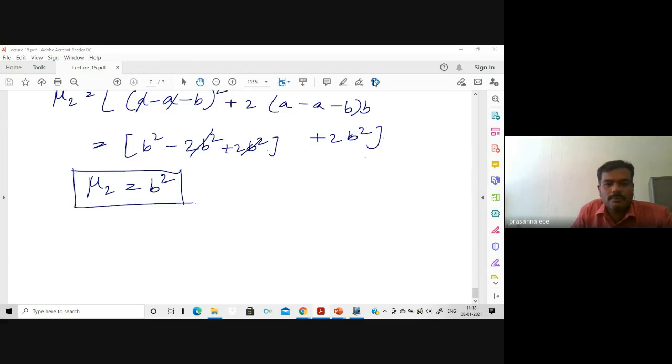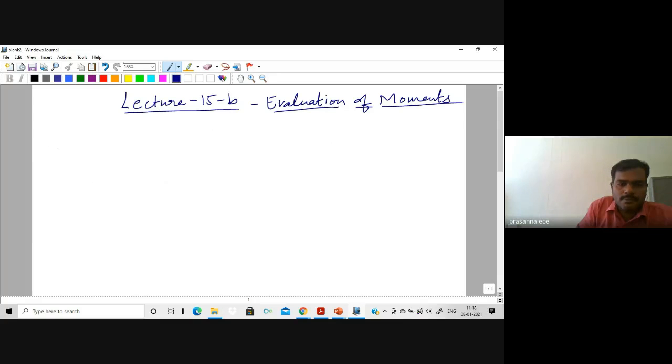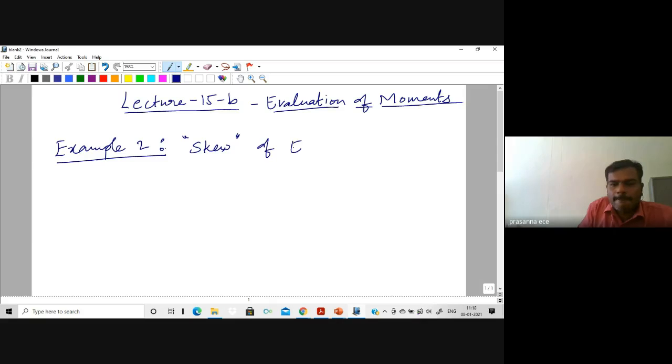This is our evaluation of moments. This is our example 2, where we are evaluating the skew of the exponential random variable.